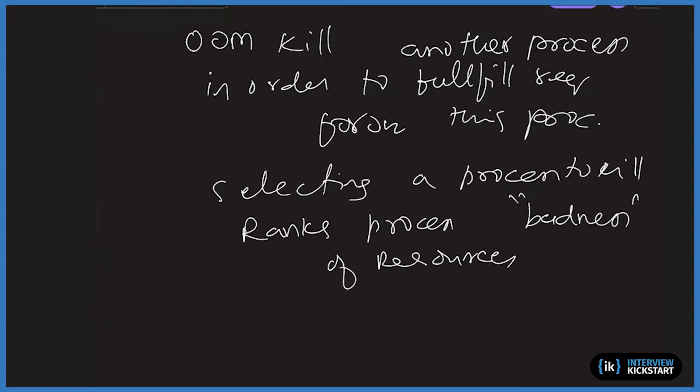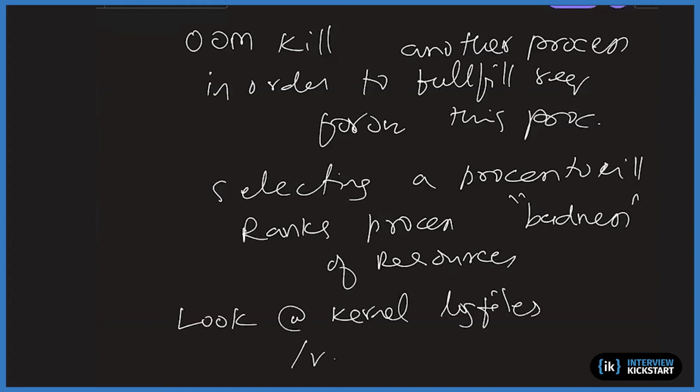So what you have as a handle for debugging is to look at the kernel log files, right? Whenever it kills, there will be an entry in the log file. So you'll have the var log, and then the kernel log will be there.